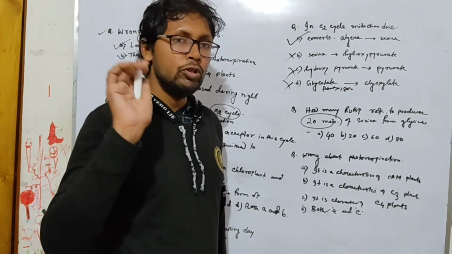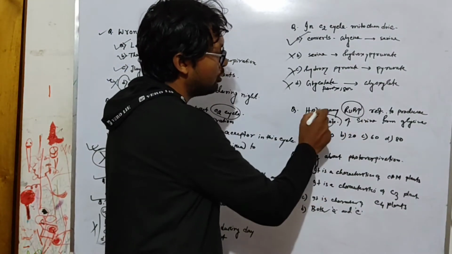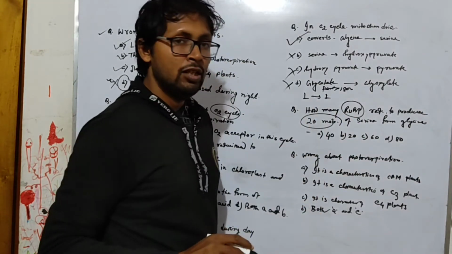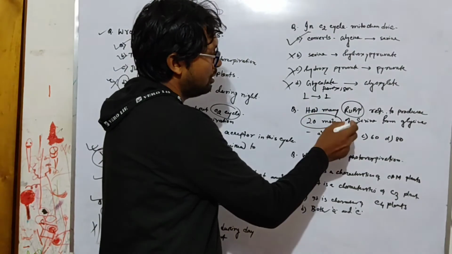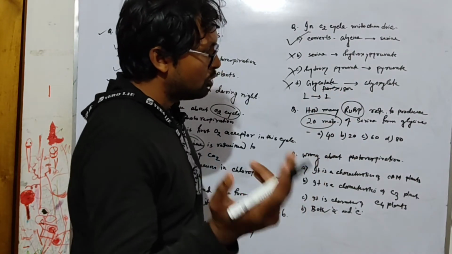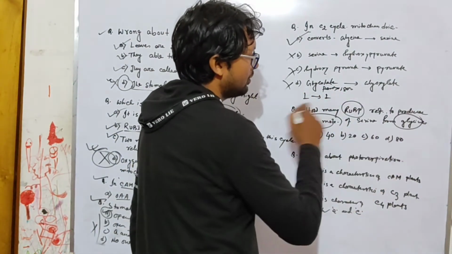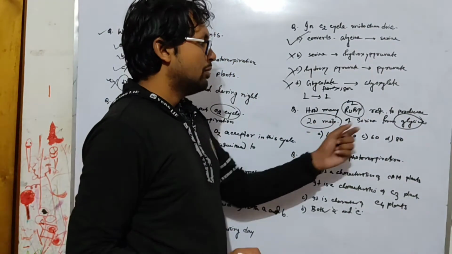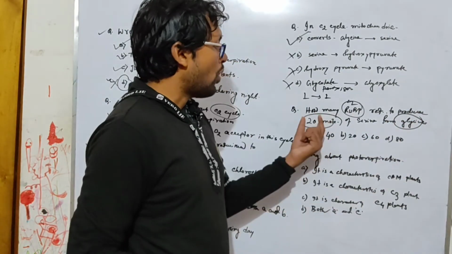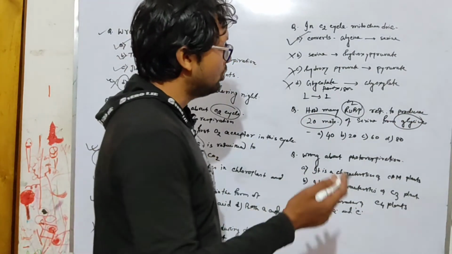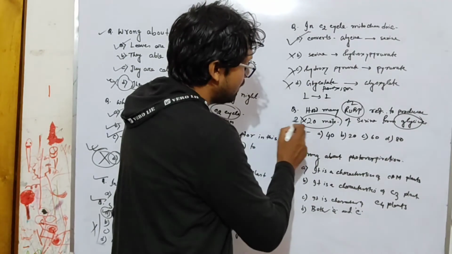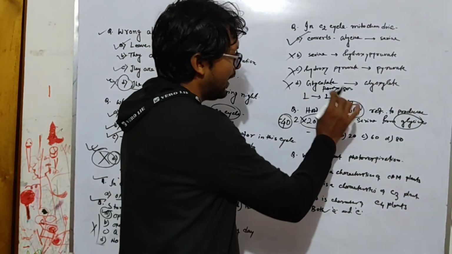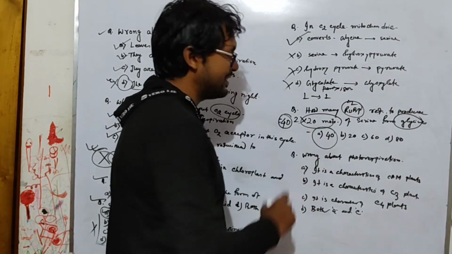One molecule of RuBP produces one molecule of glycine, so to produce two molecules of glycine, two molecules of RuBP are required. From two molecules of glycine, one molecule of serine is produced. So for 20 molecules of serine, 20 into 2, that is 40 molecules of glycine, are required. So 40 molecules of RuBP are required.